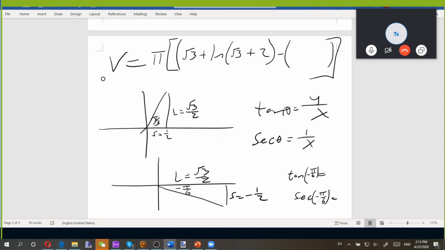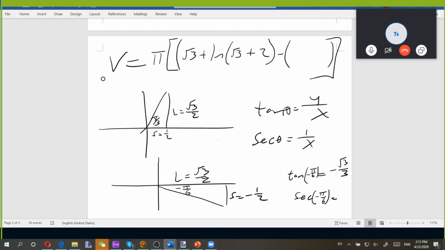Okay, I couldn't quite hear. Can you say it one more time? Okay, perfect. So negative root 3 over 3. That was negative 1/2 divided by root 3 over 2. Would give me negative 1 over root 3, which we could rationalize to negative root 3 over 3.